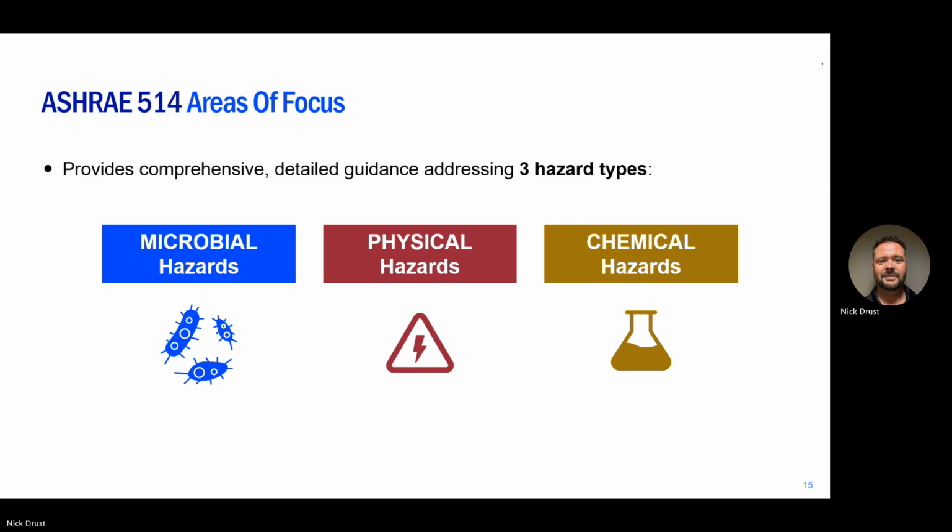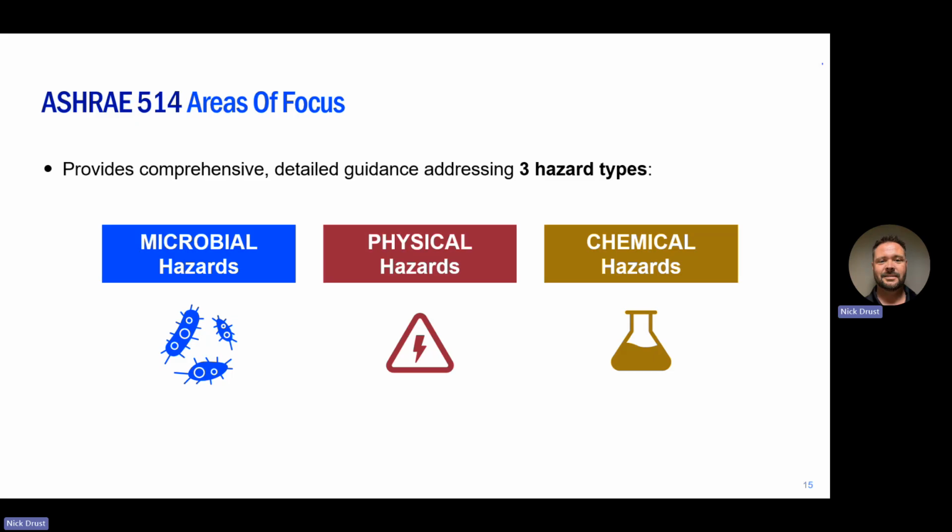chemical. One of the biggest differences between 188 and 514 is that 514 broadens the conversation significantly. Rather than talking just about Legionella, the standard asks us to evaluate three categories of hazards that may exist within our building water management system.